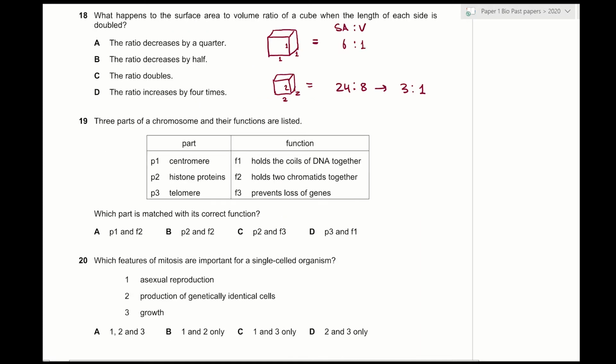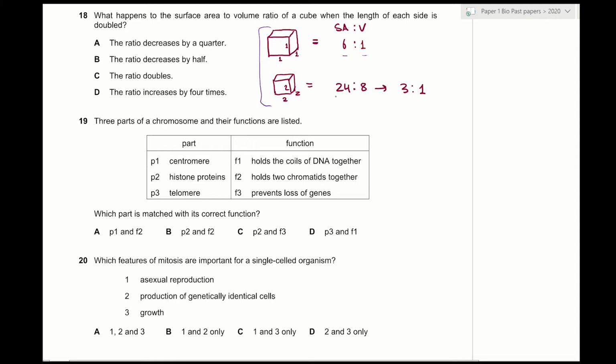What happens to the surface area to volume ratio of a cube when the length of each side is doubled? Here I've decided to include an example to make it easier to visualize. Here I've worked out the surface area to volume ratio, and it's 6:1 in the simplest ratio. Here I've doubled the sides and worked it out.